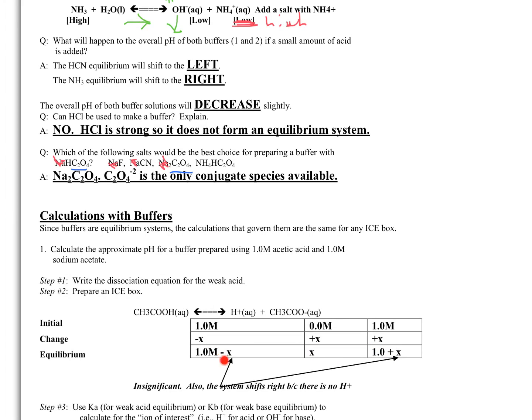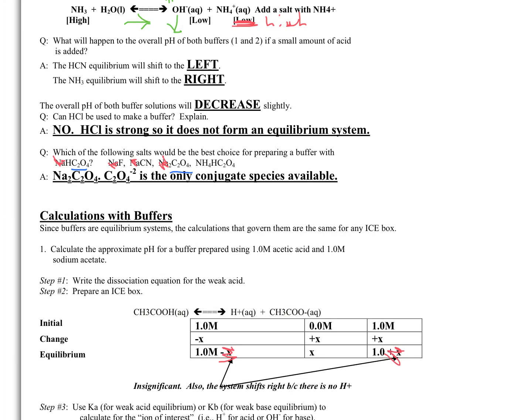Now notice, we've always been able to call this X insignificant for our original concentration from our weak acid, because we know it dissociates less than 5%. Now, because we have an initial concentration of our salt as well, we can also call this X insignificant.